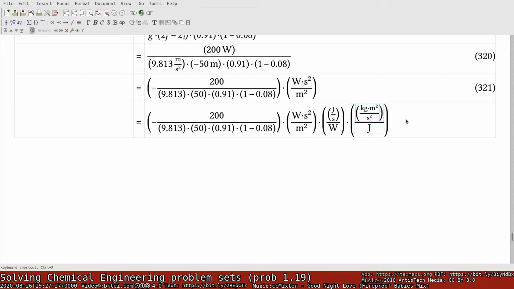And now that we have kilograms, everything should cancel out, in theory.